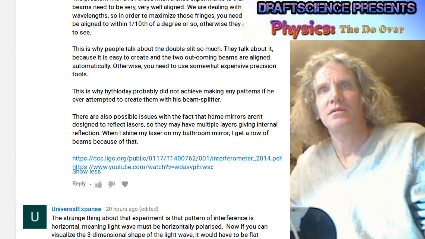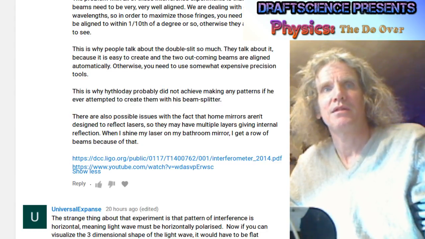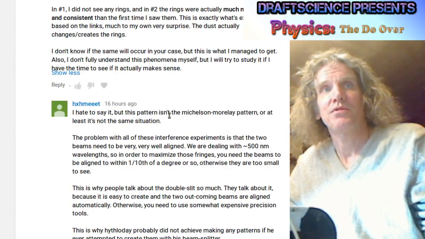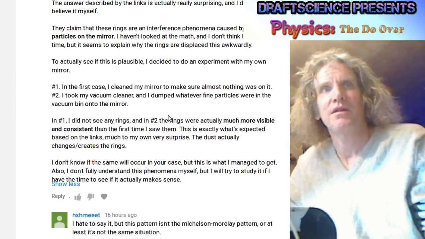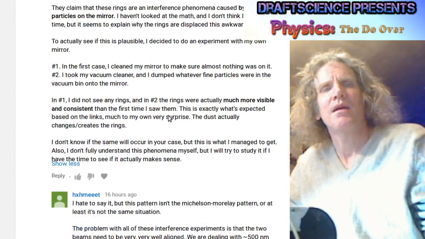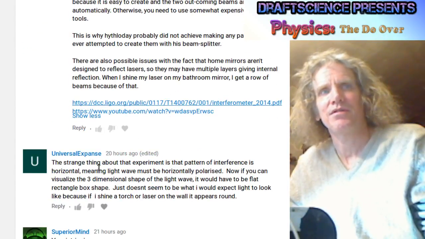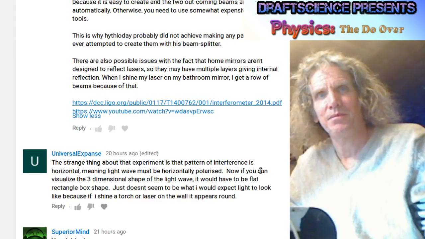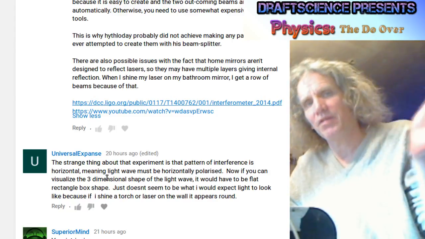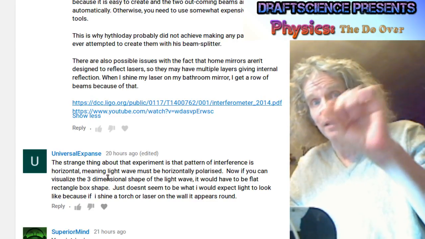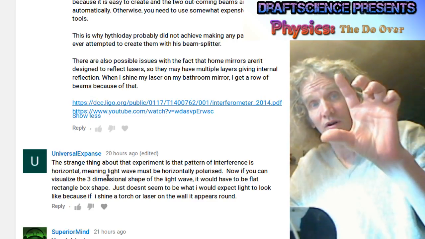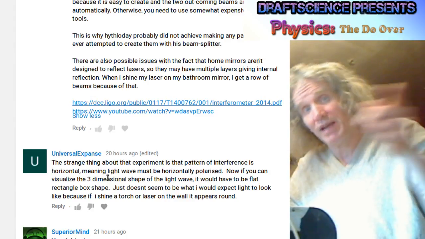Okay, so I do have the right window open, correct? Yes, pretty much. Alright, let's see if there are any other snarky comments. I'll deal with other comments later. This guy's comment is sort of related, on the two slit: the strange thing about the experiment is the pattern of interference is horizontal. Well, it's only horizontal because of the shape of the slit. If you have a square slit instead of a tall slit, you'll get a pattern going both directions.